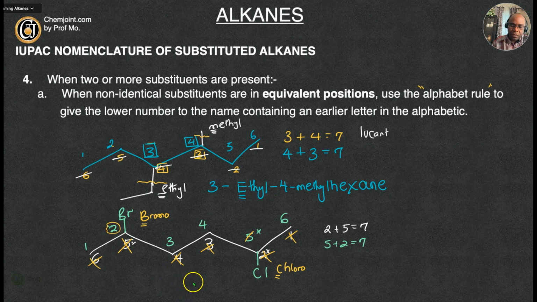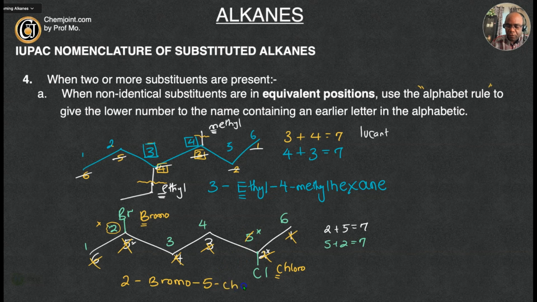So the name of this compound will go 2-bromo, and then the chlorine happens to be on the 5 in the green numbering, so I did not cancel that. That was a mistake.